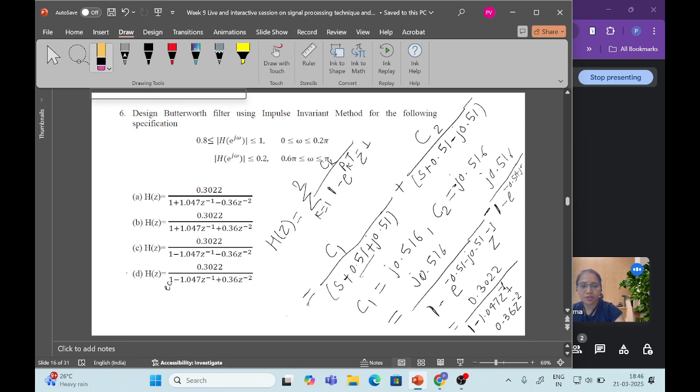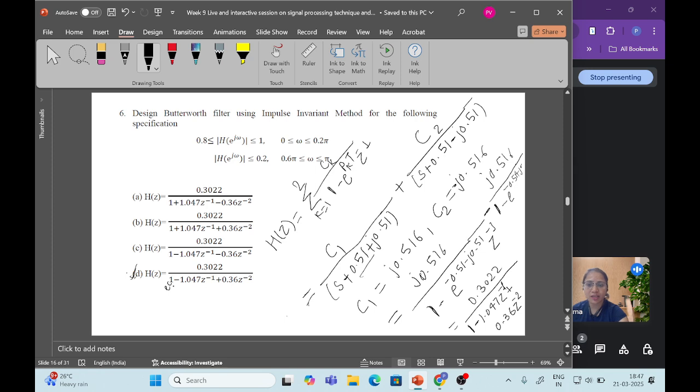So just match: 0.3022 divided by 1 minus 1.047 Z inverse plus 0.36 Z to the power minus 2. So from here option D is the correct answer. There are some confusing points, because here they have used plus minus, then plus plus, then minus minus, then minus plus.